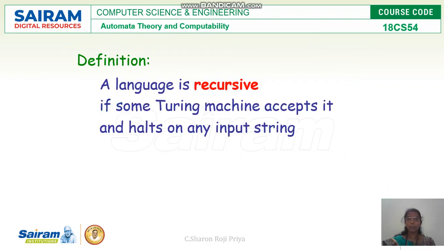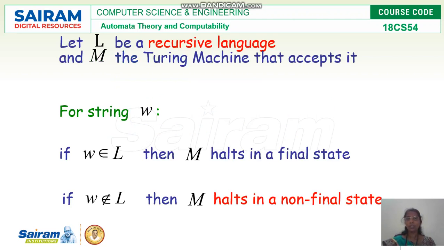But there is another language, the recursive language. A recursive language is also accepted by a Turing machine, but this language knows how to handle invalid input. Let L be a recursive language and M the Turing machine that accepts it.